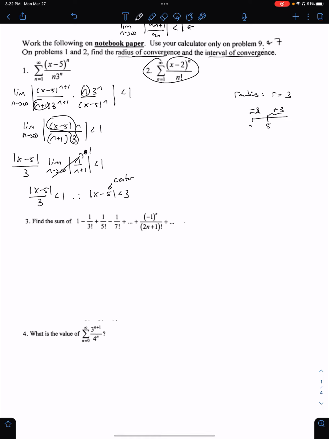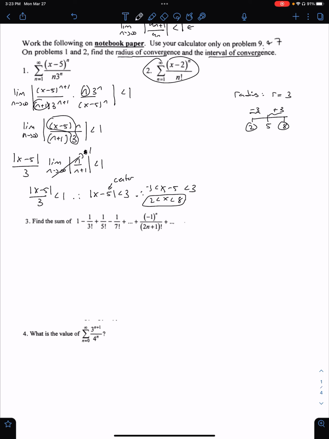So anything between 2 and 8 is guaranteed to converge. You can solve this algebraically if you wanted to. That would give us x minus 5 is between 3 and negative 3, so x is between 2 and 8.